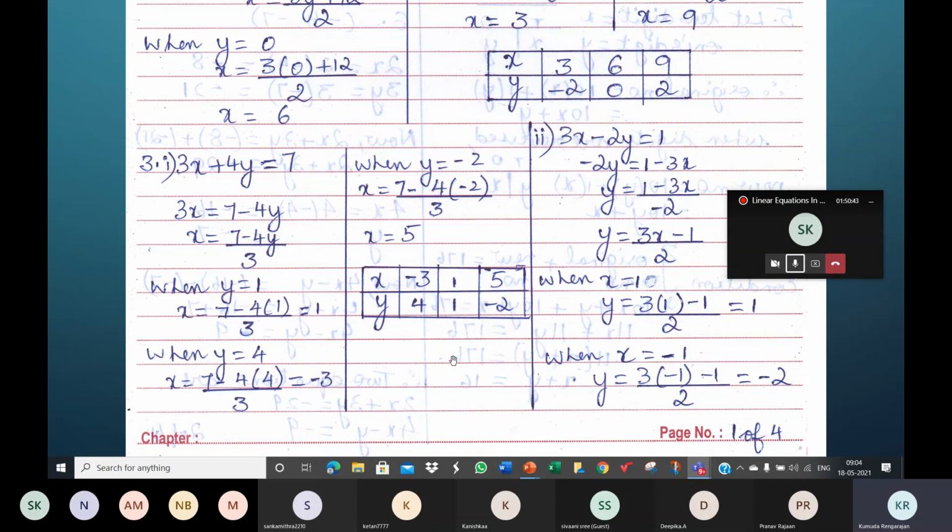It's a terminating decimal, but how will you plot 2.875? You will approximate and plot, but the 3 points which you get may not be collinear. You cannot adjust there. So it's better we get integer values like this, values for which we have a definite point on the graph paper.